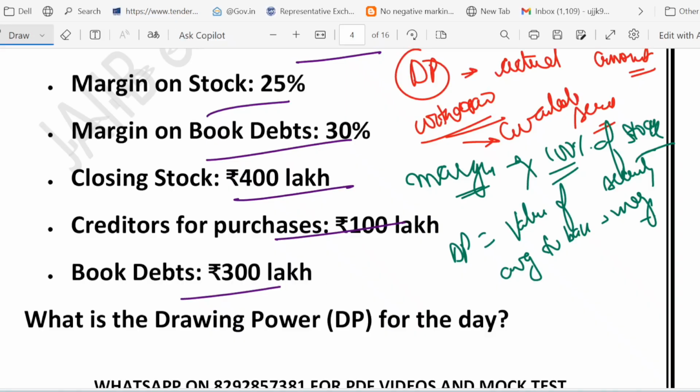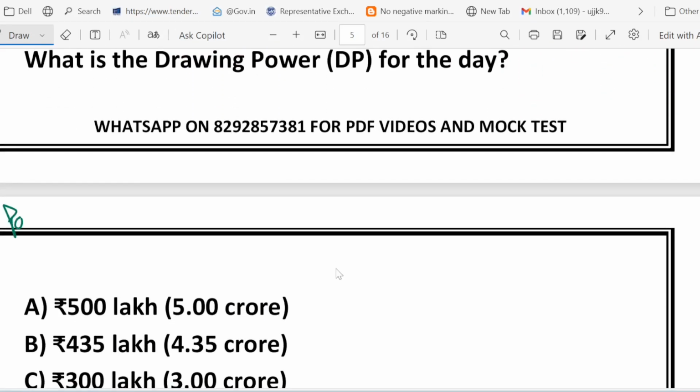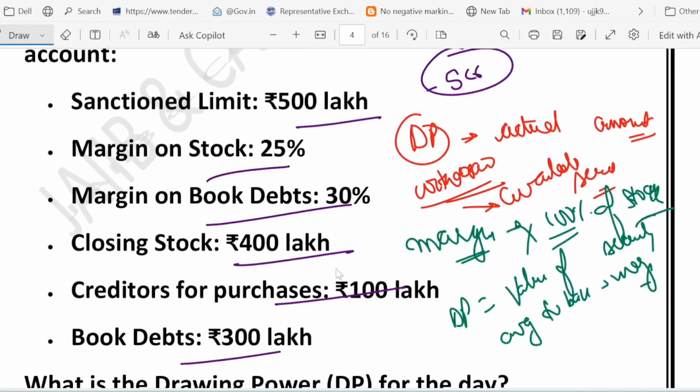Now for calculating DP, there are some steps which have to be followed. First of all, you have to calculate the paid stock. What is the meaning of paid stock? From the total stock, we remove the creditor, because that portion is not financed by the borrower. Total stock is 400 lakh, and from that we subtract the creditor, because creditor means udhar.